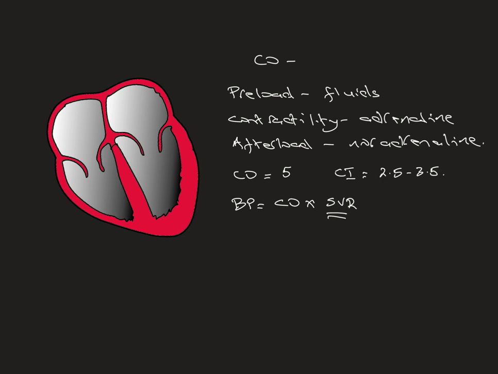So your systemic vascular resistance, like I talked with the afterload, can change if the patient becomes vasoconstricted or vasodilated. The resistance will go up or down. And again, your SVR is about 1,000, but if we index it to your specific patient's height, weight, etc., then the value we're looking for is more like 2,000.